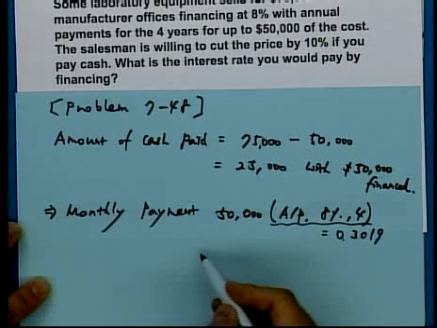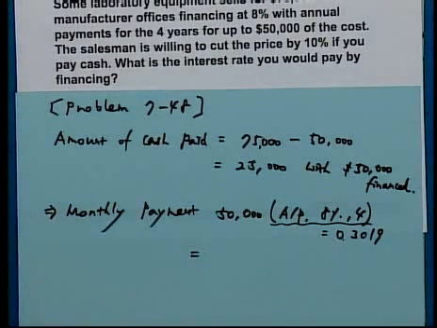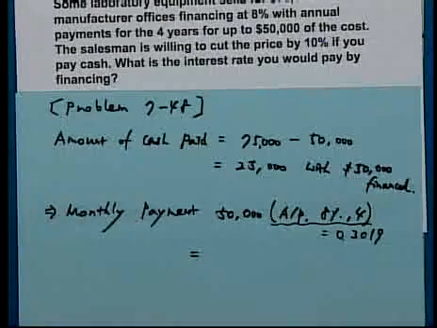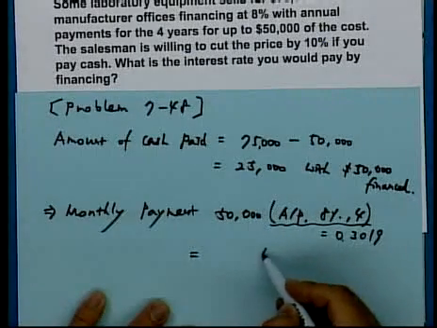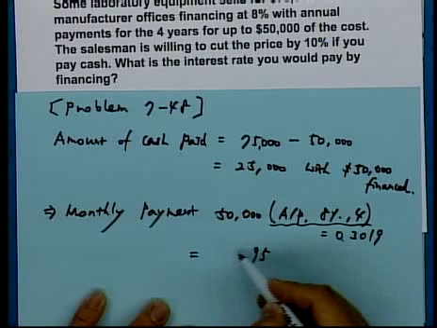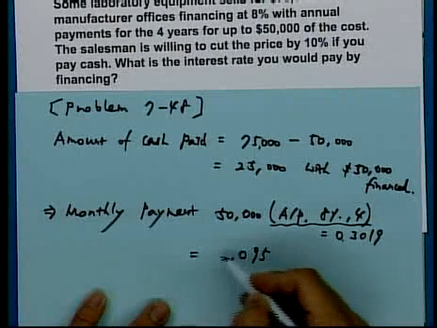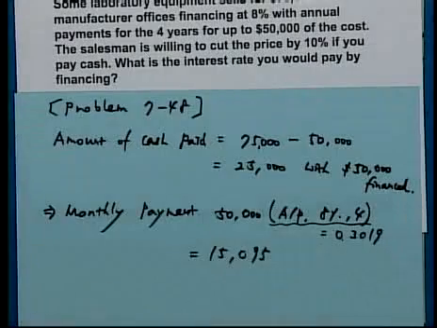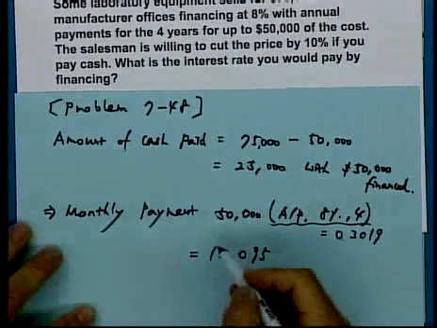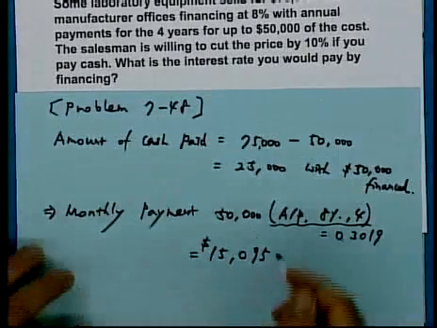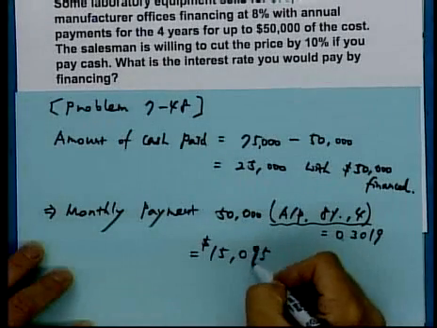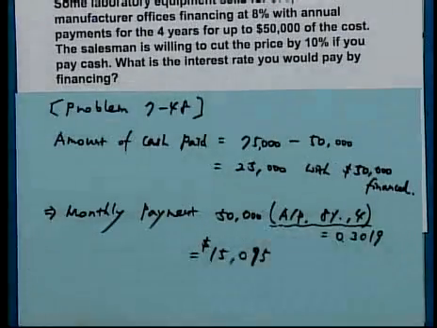So what is the payment amount? Okay, that's going to be 50,000 times 0.3019, so it's going to be $15,095. Okay, that is going to be the payment.